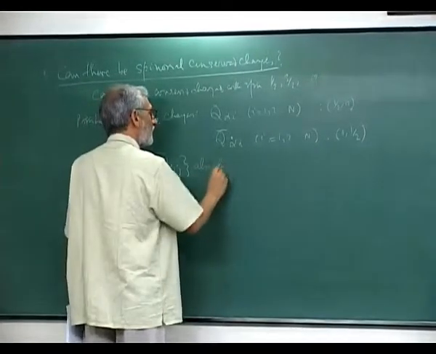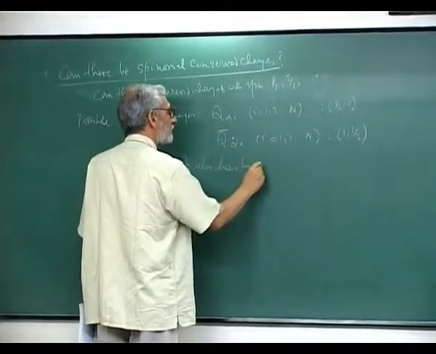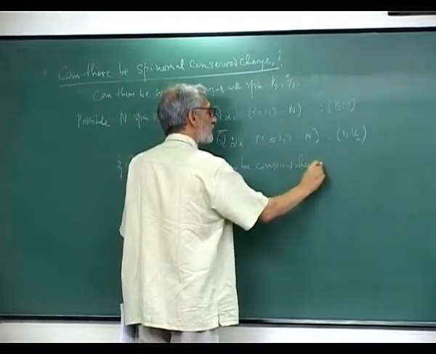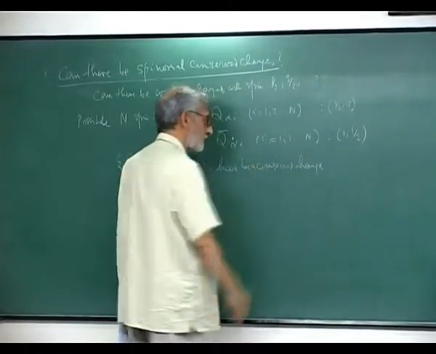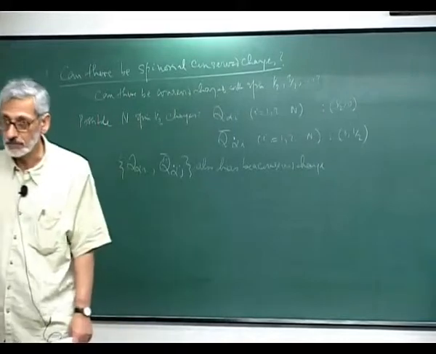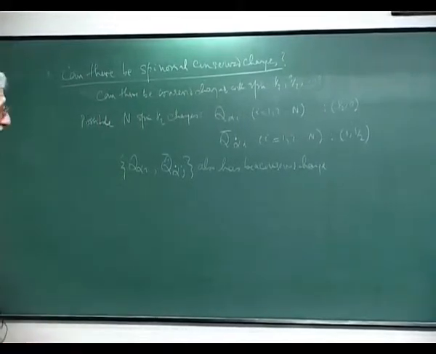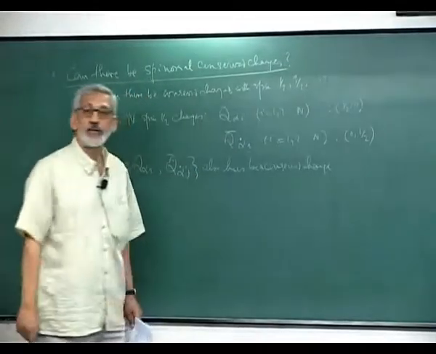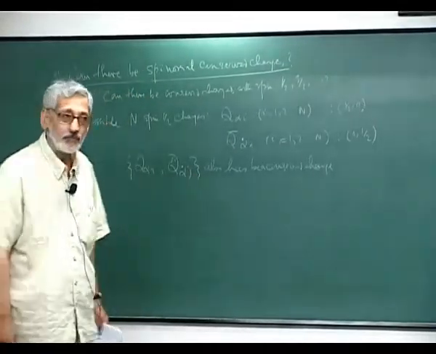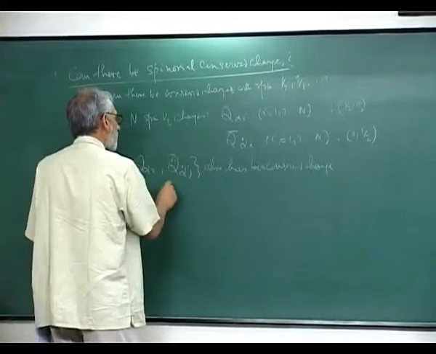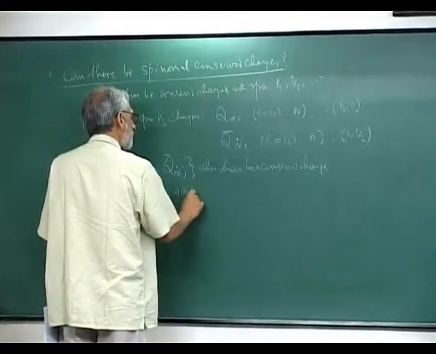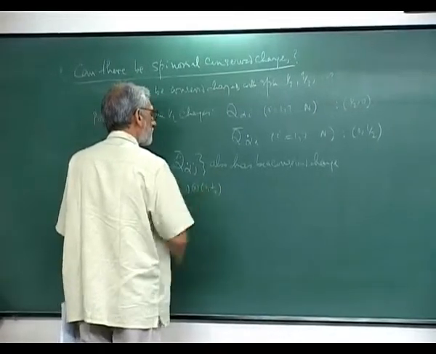Now if it's a conserved charge, what kind of representation of Lorentz group can it be? These objects are half zero times 0 half.